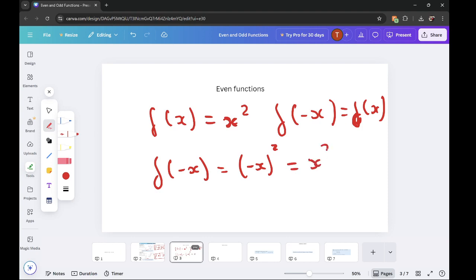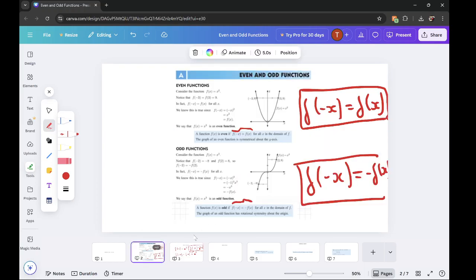Will that be equal to x squared? Hopefully you should realize that yes, this will give you the same answer, that these both are indeed equal. So that proves our definition of an even function. It proves to us that f of negative x is equal to f of x, since we plug it in and it works. Now let's move on to odd functions.